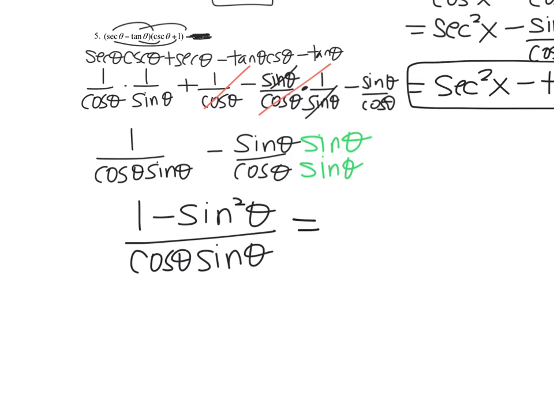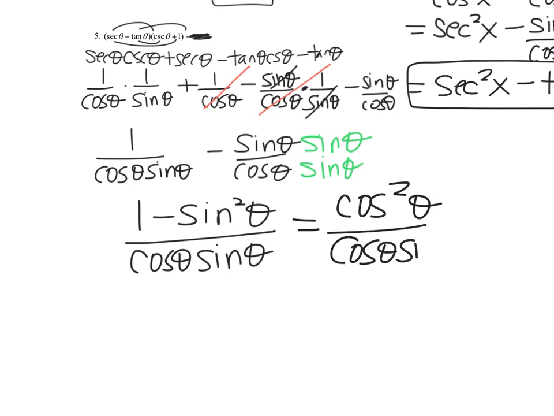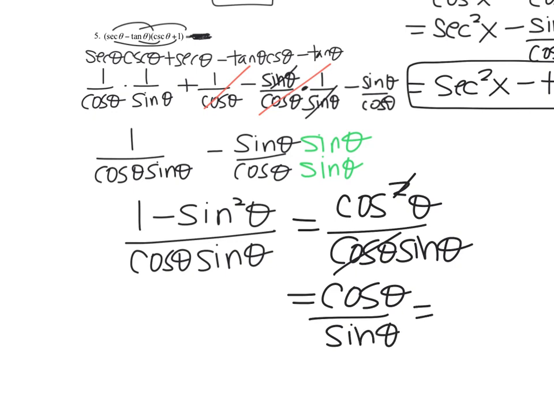Do you remember? We just had this in the last problem. Cosine squared. Good. Okay. And now, I know I'm going fast, sorry. These are all factors, so there's 2 cosines up top and 1 on the bottom. We can reduce, leaving me with cosine of theta over sine of theta, which is cotangent theta.